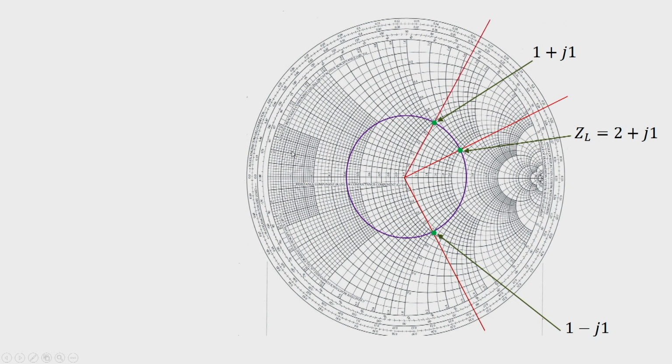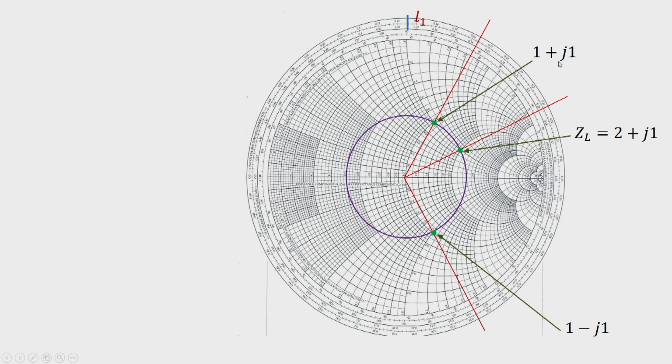We draw another line. So, now we will have to move from this point over this circle, and this will give us another solution for the distance d, and here the normalized impedance is 1 plus j 1.